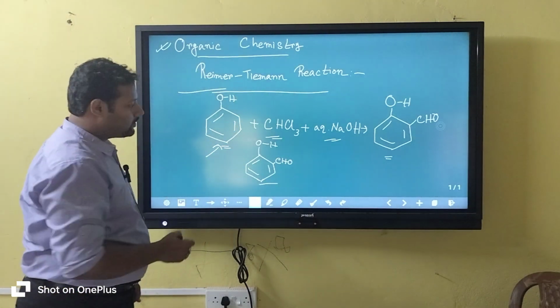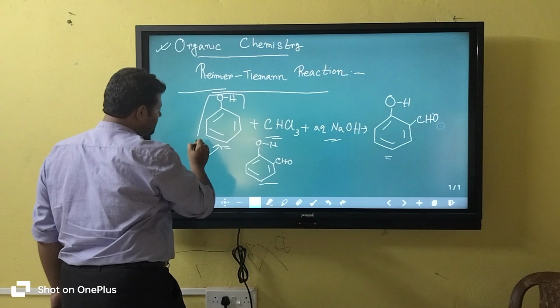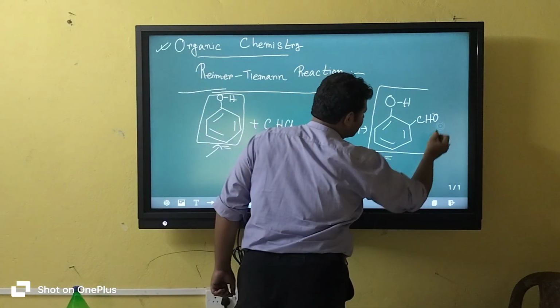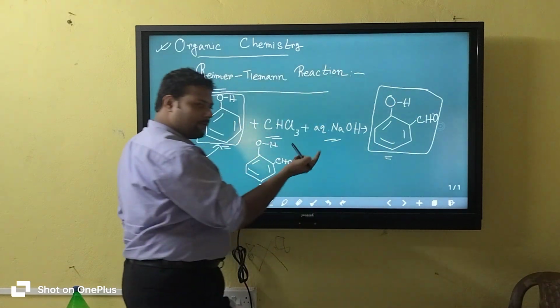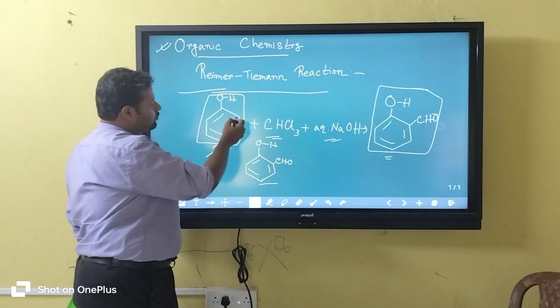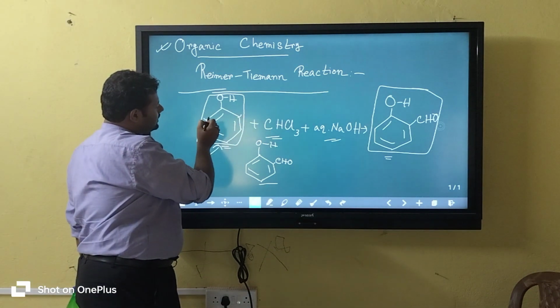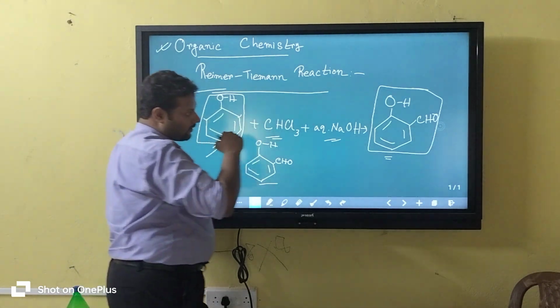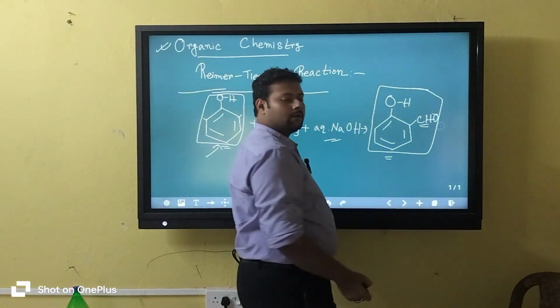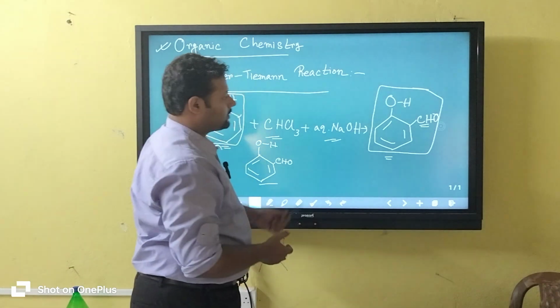If you take a closer look at our substrate, which is phenol here, and our end product, which is salicylaldehyde, you will see that in the substrate we didn't have any aldehyde group in this or this position, but in the product we do have an aldehyde group in the ortho position with respect to the phenol OH.